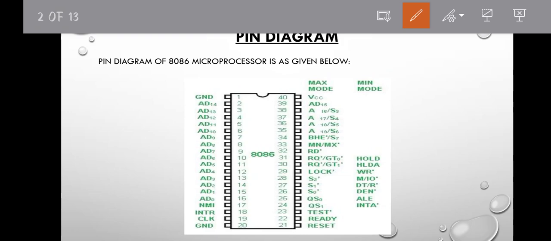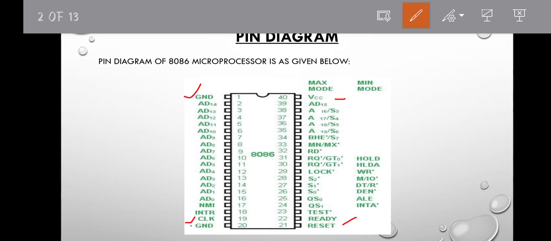Here the first step is, first of all, we have to keep the first pin, 20th pin, 21st pin and 40th pin. These are the pins we first keep in our mind. First pin is ground, 20th pin is ground, 21st pin is reset and 40th pin is VCC.